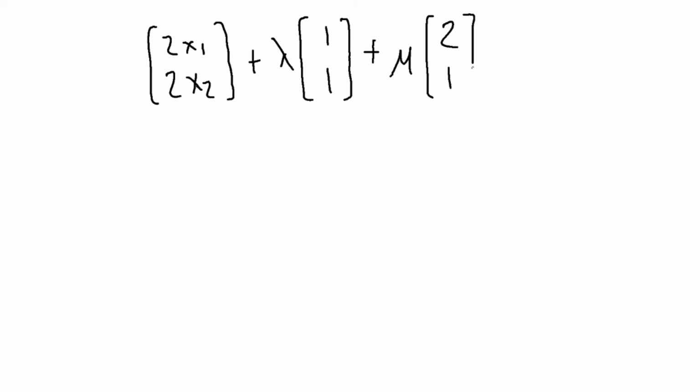And this is important. The reason we can include this term here is because I said at the very beginning that the inequality 2x1 plus x2 less than or equal to 3 held strictly with equality. And that means we have this term in here of mu times the column vector 2, 1. That's equal to column vector 0, 0.